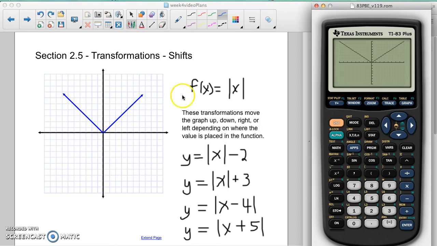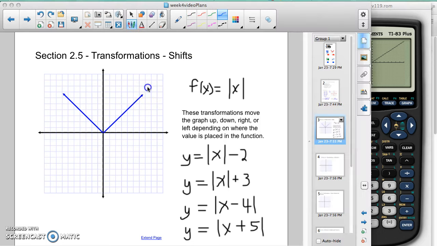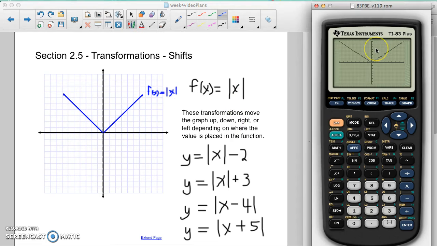It's the absolute value. So this function right here is the absolute value of x. That's what this graph tells you, the absolute value of x. And we can see on the screen over here that we have a similar graph here.